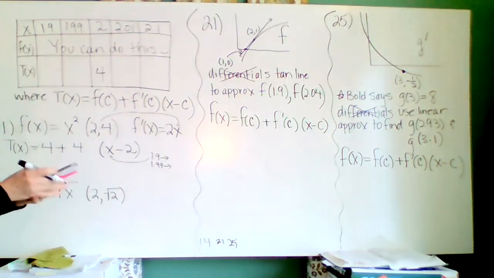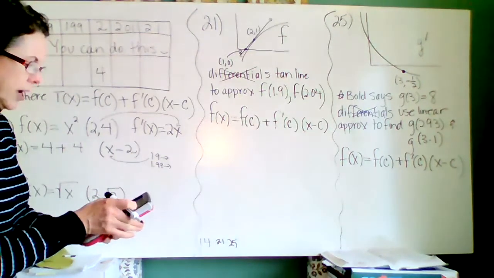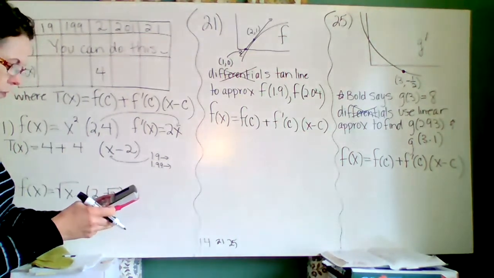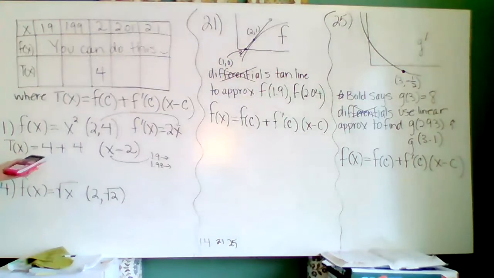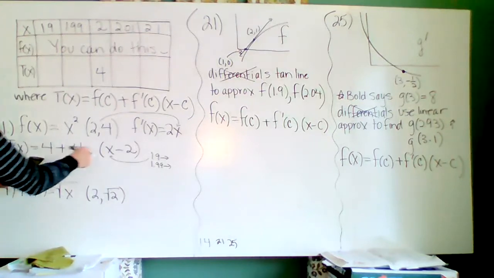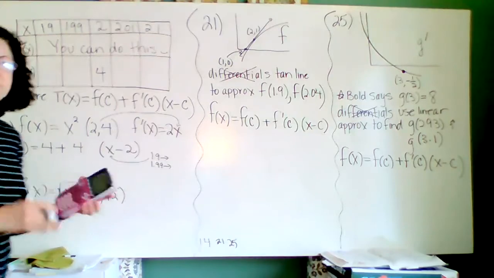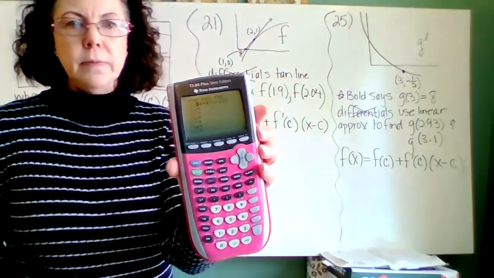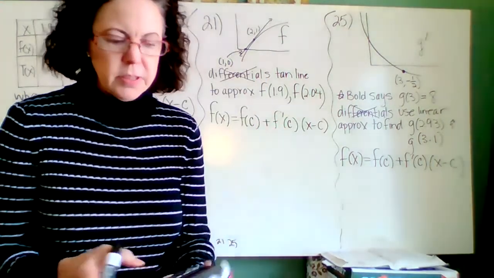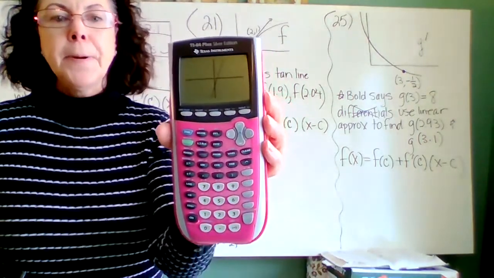Again, the easy way I find to do this, rather than typing the tangent line over and over, is I'm just going to put my tangent line in my y1, 4 plus 4 times x minus 2. So all I did was put my tangent line in my y1, and I'm going to graph it, zoom 6, right there it is.